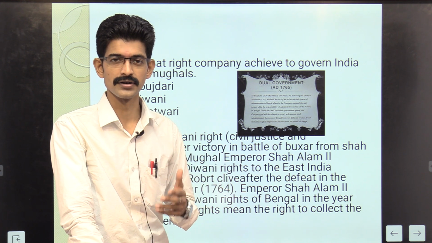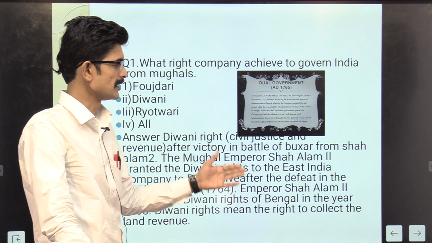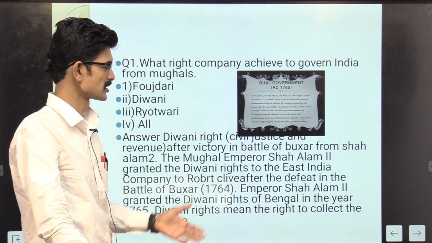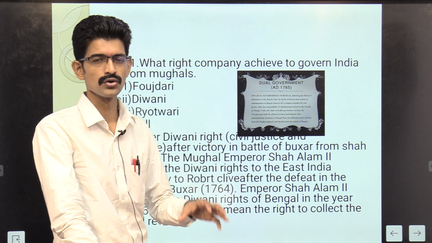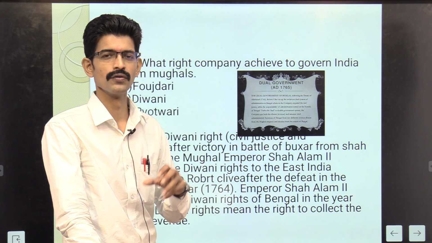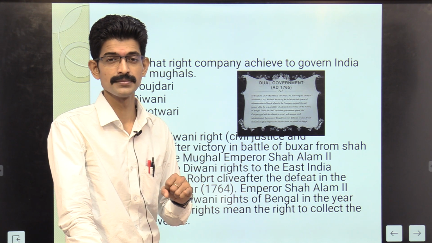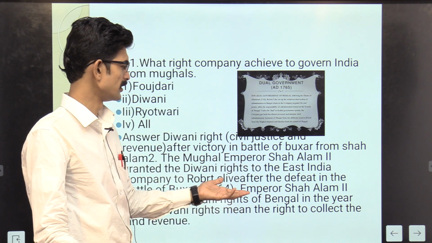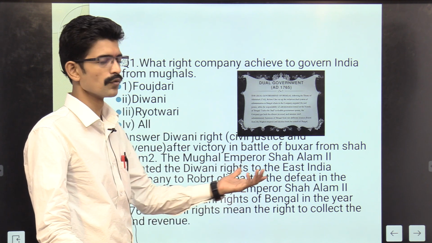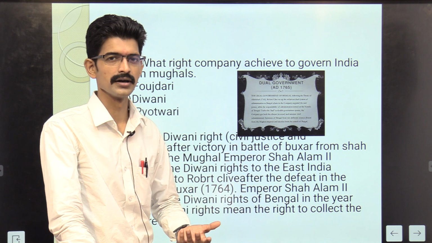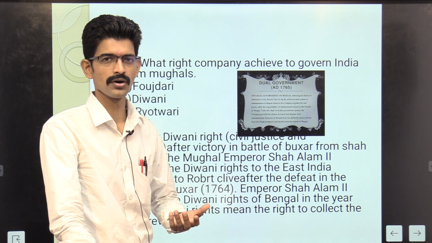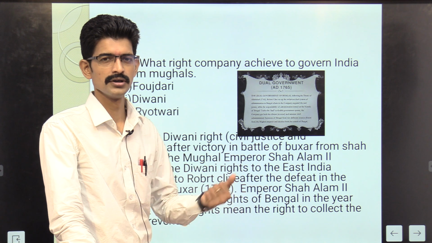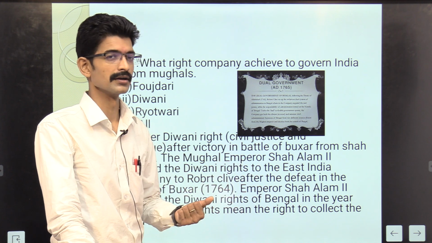Lord Clive was the Governor General of Bengal and he achieved the Diwani right, after which he got judicial control over the rights and decision making of Indian people. Secondly, he also got control over the entire northern India. He was Governor General of Bengal and he also controlled Madras and other parts of the country.